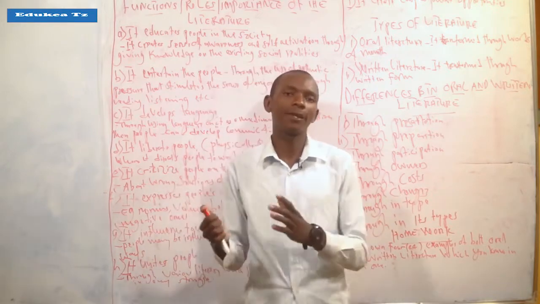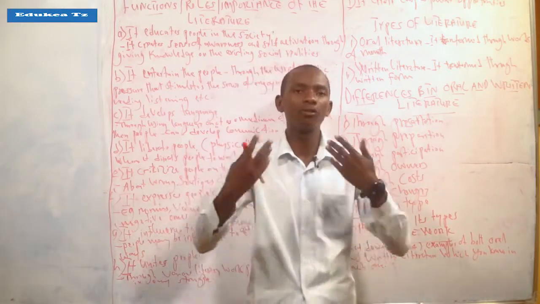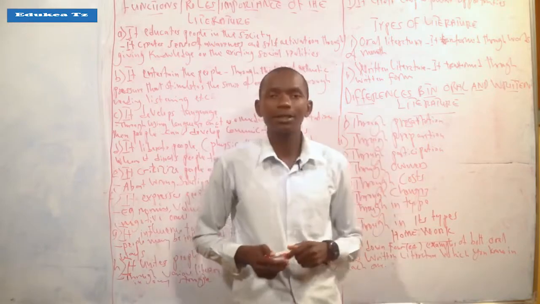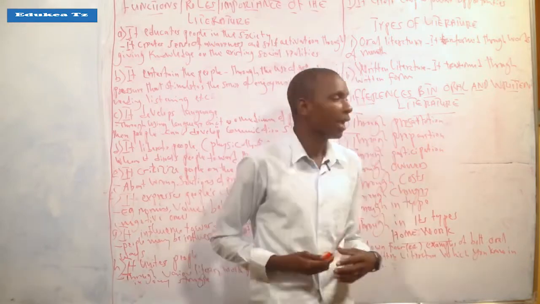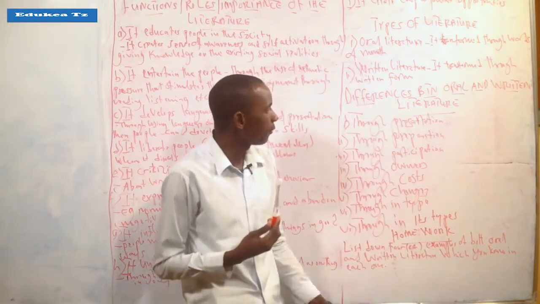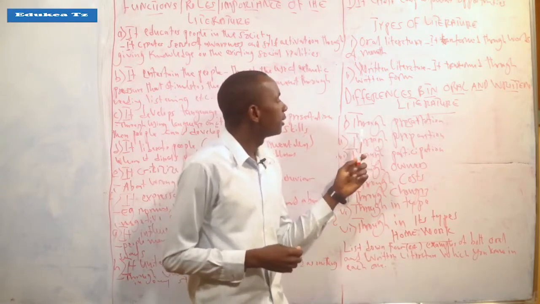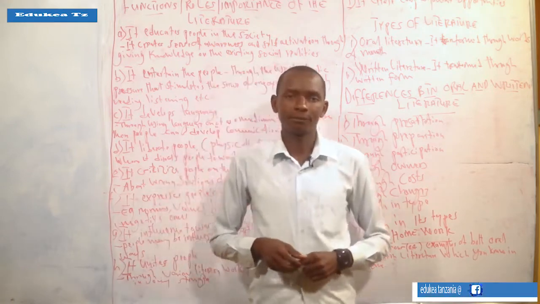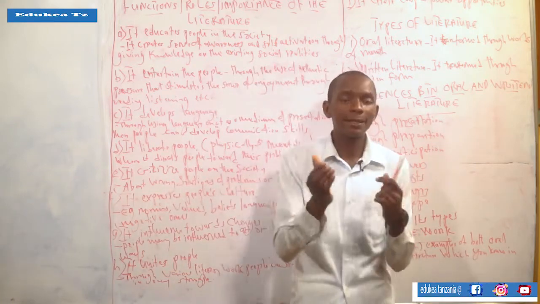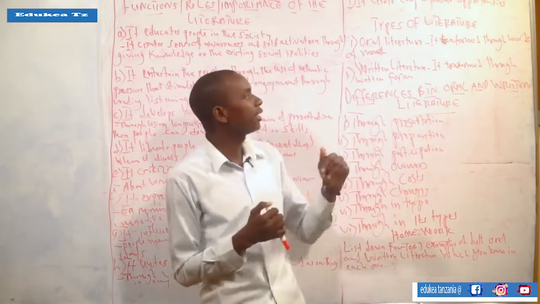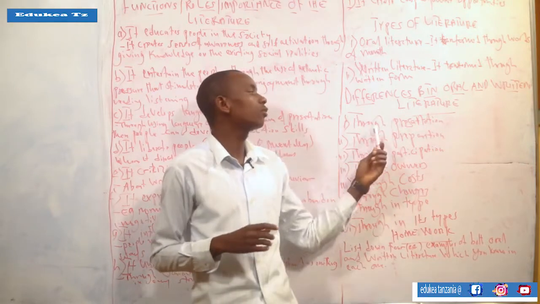How can we distinguish between written literature and oral literature? The first difference between these two types of literature is presentation. So the first distinctive feature between oral literature and written literature is through presentation.